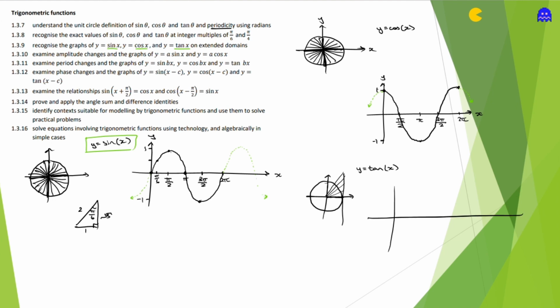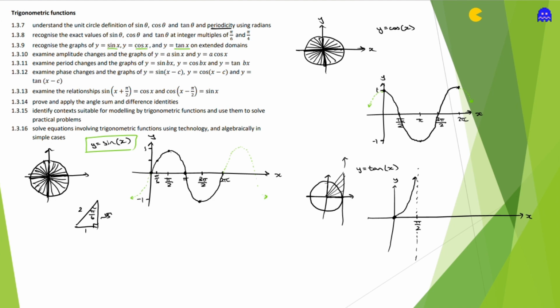And so if we were to graph this on a set of axes, with this being y, this being x, at tan 0, we have 0, and at tan pi on 2, we are suddenly undefined. And so at undefined points, we have an asymptote, and as we approach pi on 2, this y value is going to be tending towards infinity. So as a result, we go upwards in this direction.